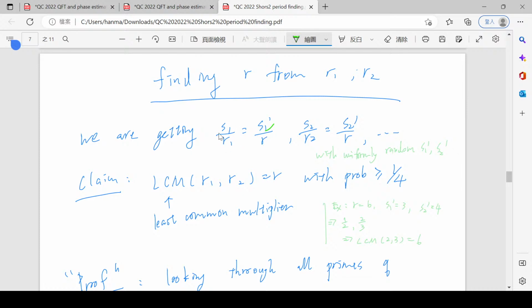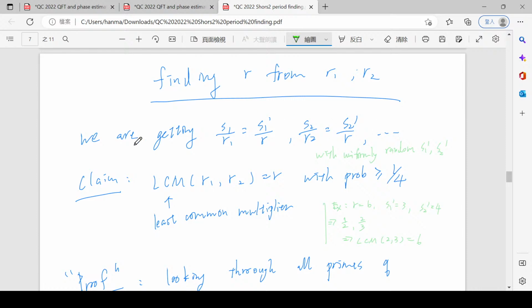So what we actually get is some S1 over R1 that might be different from S1 prime over R, and some S2 over R2 that might be different from S2 prime over R. And so we solve this by actually, okay, this is a bit funny, but it's easier to analyze. So only draw two of those.